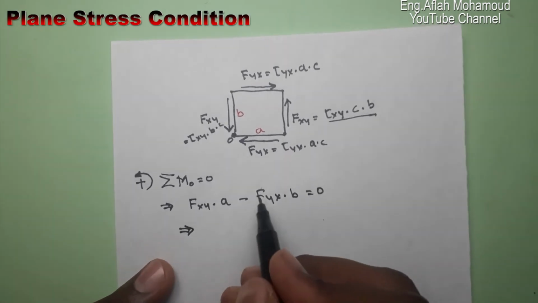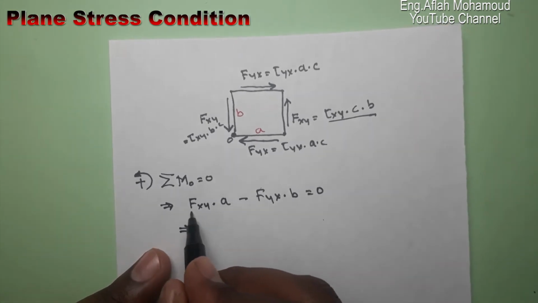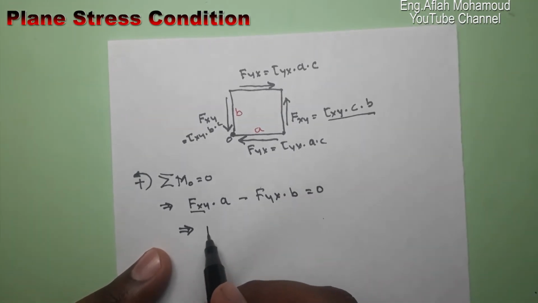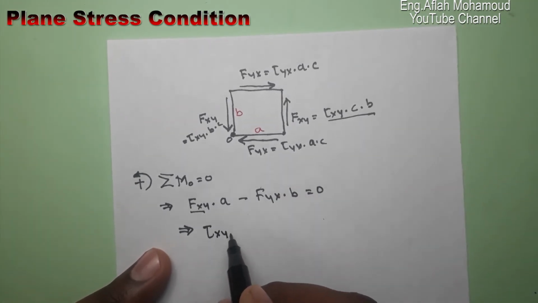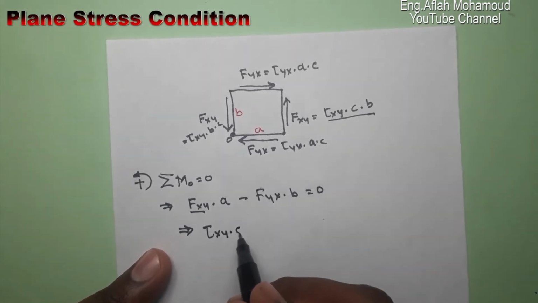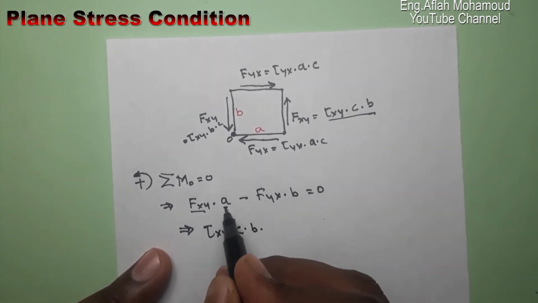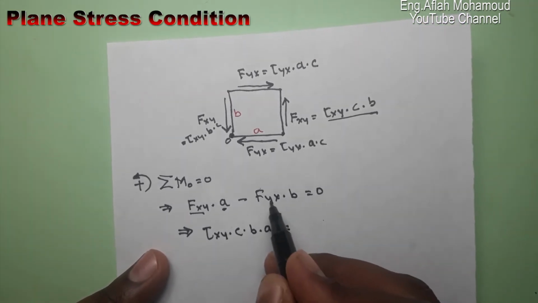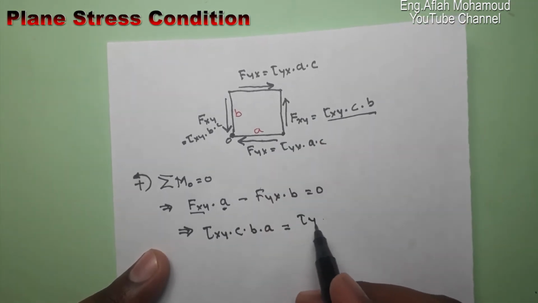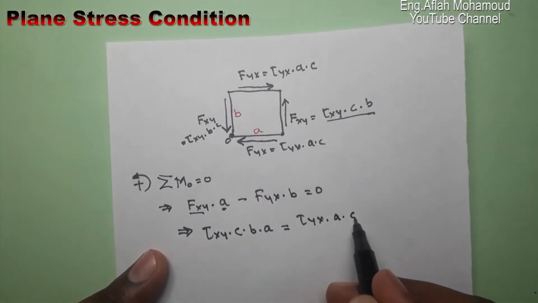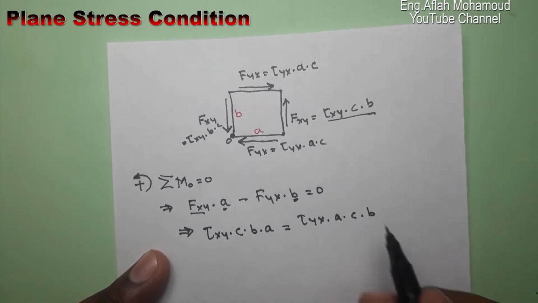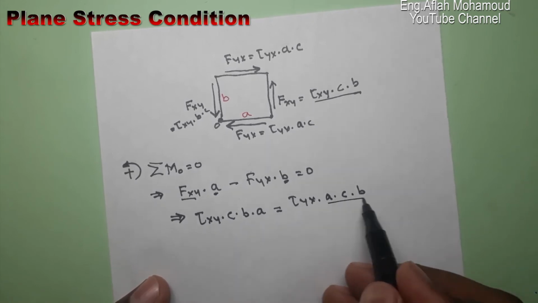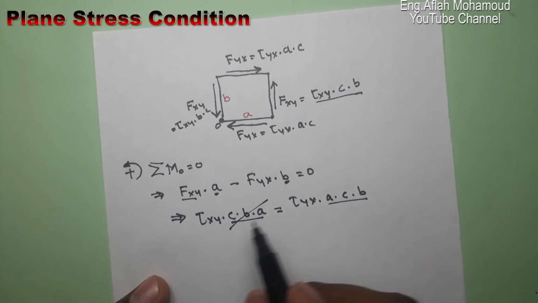If we take this to the other side and substitute Fxy and Fyx, we have tau xy times the area C times B times this distance A, equal to tau yx times A times C times this dimension B. Here you see CBA and here ACB, so these terms cancel out.